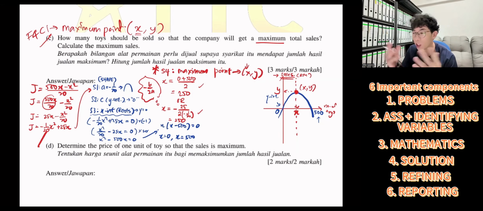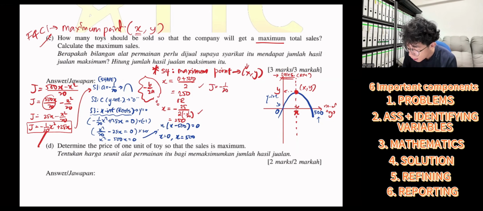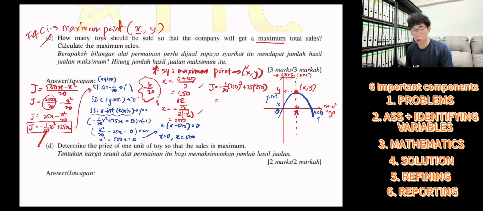So how do you get that? Then you sub. So I will just get back my original equation, which is the function. Instead of saying y, over here you should say j. So I'll write out the next working: j equals -1/20 x squared, which will be 250 squared, plus 25 times 250. You put everything into your calculator.